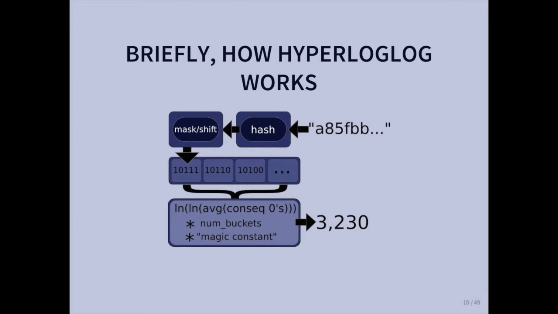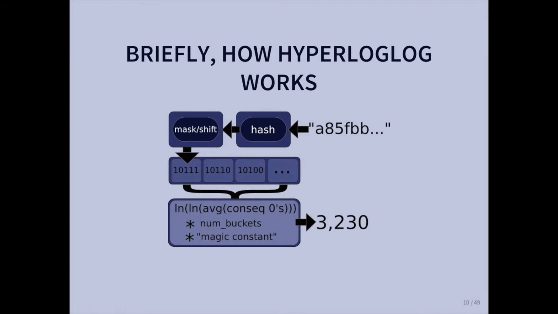So that's my one-slide talk about it. You could do an entire talk about this algorithm, but this is just a brief overview. If anyone's curious, the magic constant is I think 0.714 or 0.713, something like that. It just happens to be a constant that, when you multiply it by the result of everything else, gives you a better error margin.